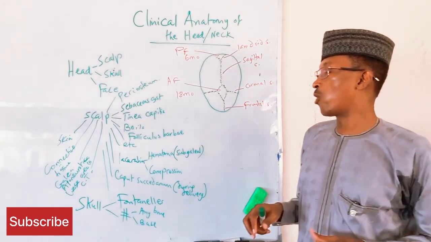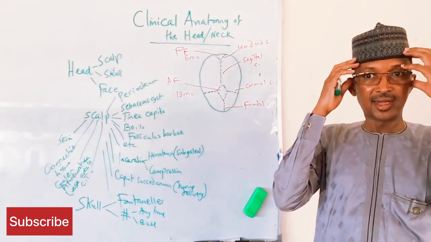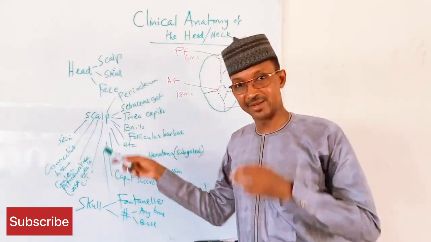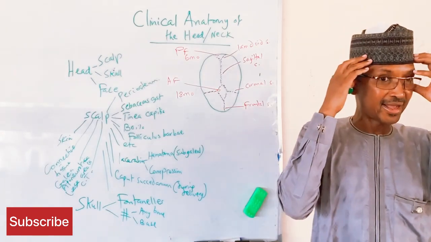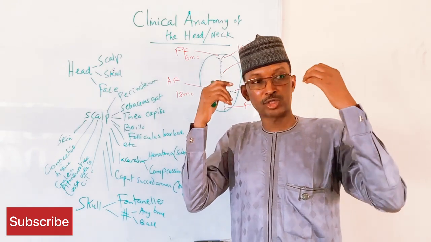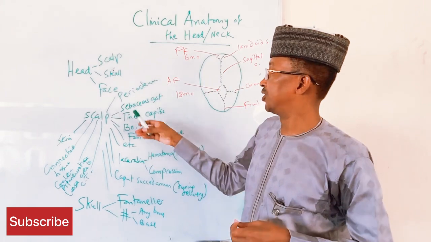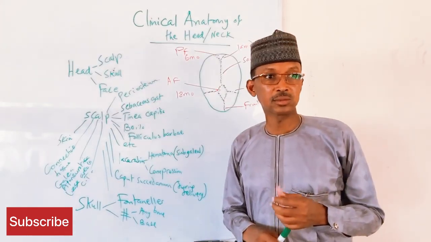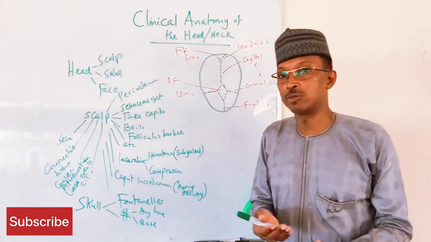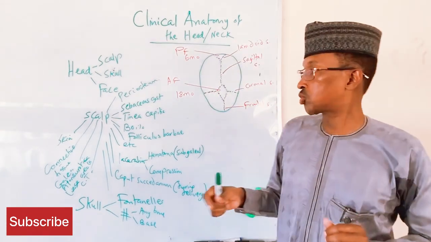So now, since the skull has scalp over it, and part of the scalp is the skin, and you know all our hair emanates from the skin and the subcutaneous tissue underneath the skin. Are you clear? So the skin is just like a platform through which our hair comes out.